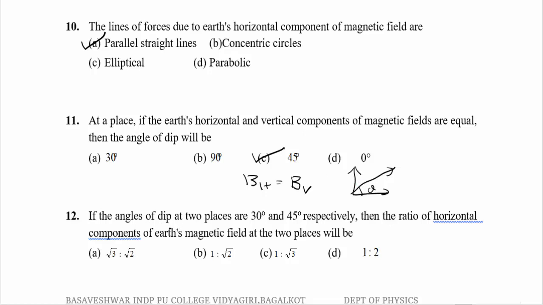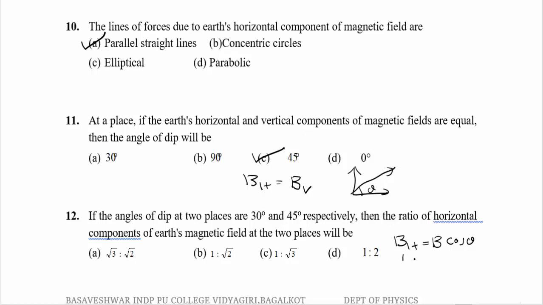Next, 12th question. If the angles of dip at two places are 30 degree and 45 degree respectively, the angle of dip is given, not a declination. Dip is 30 and 45 degree. The ratio of the horizontal component of Earth's magnetic field. BH is written as B cos theta.